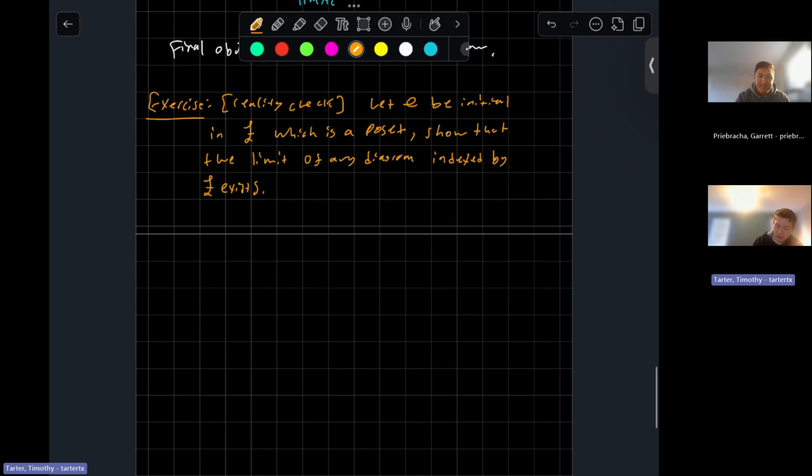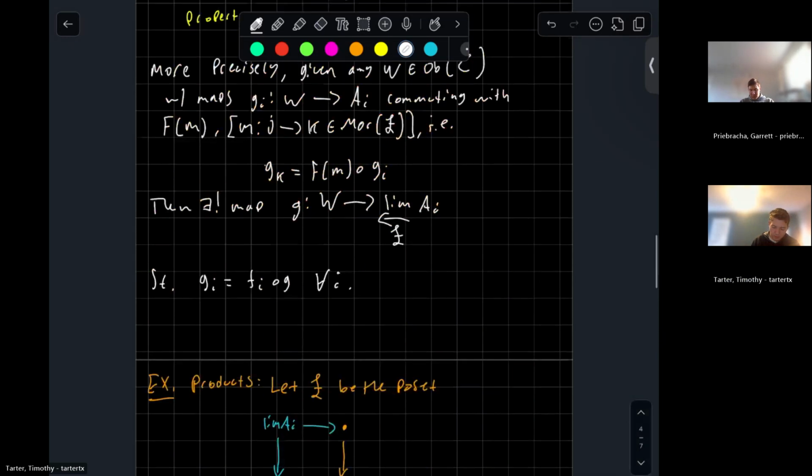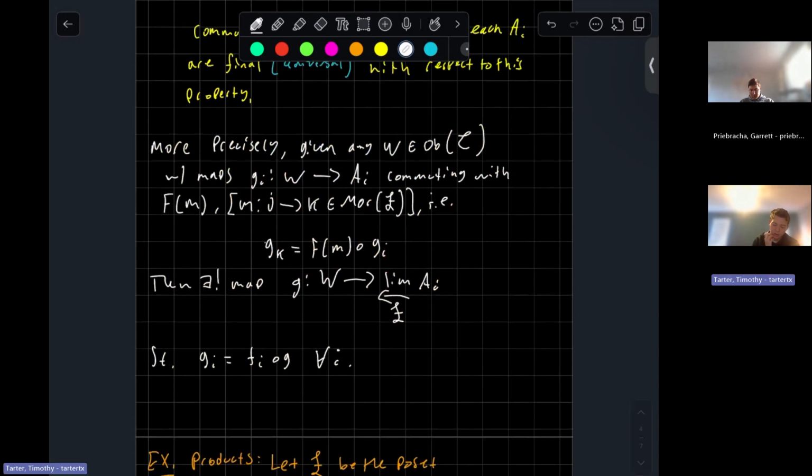Okay, so let E be initial. Since E is initial in F, then for every A_i with an index in F, let's pull this out.